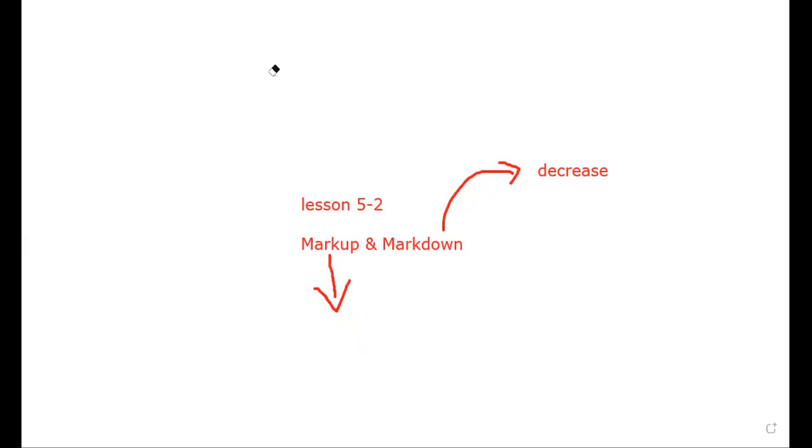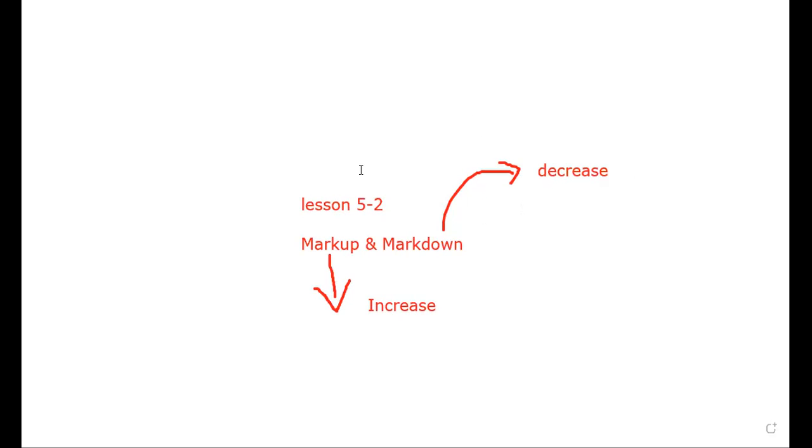Then I said that today we will study mark up and mark down, and it's familiar. Like mark up, we are going to increase, and mark down, we are going to decrease. Then where can we use mark up and mark down?